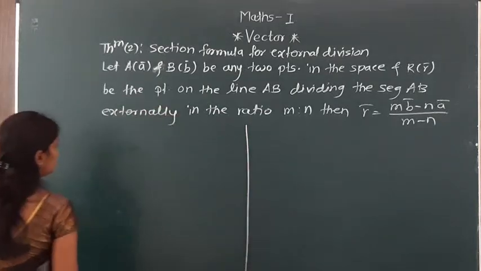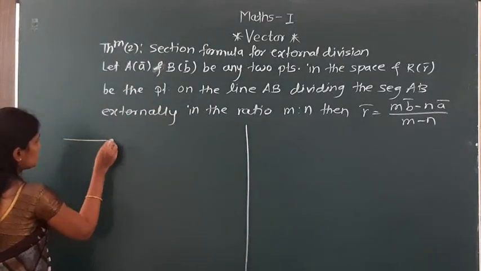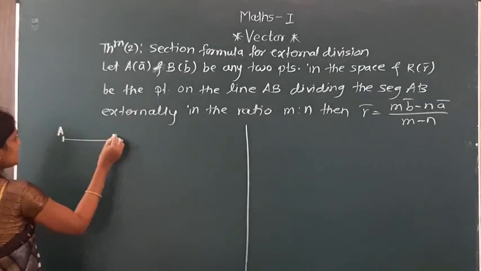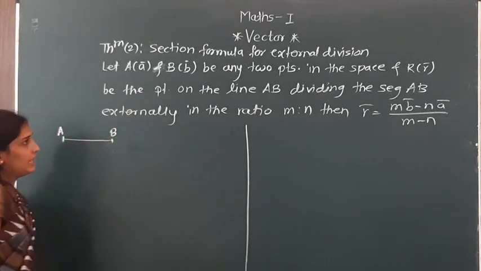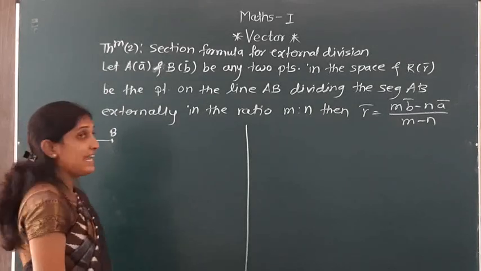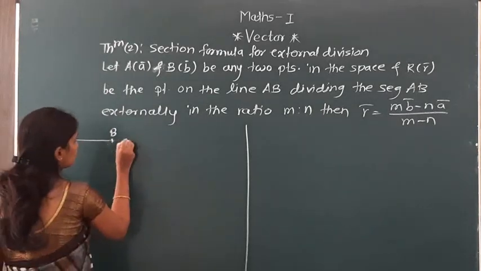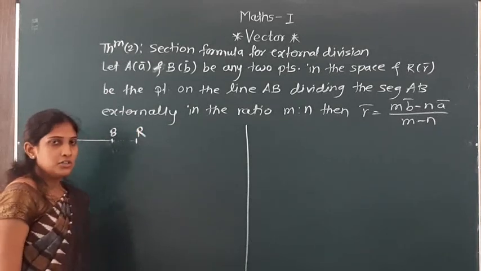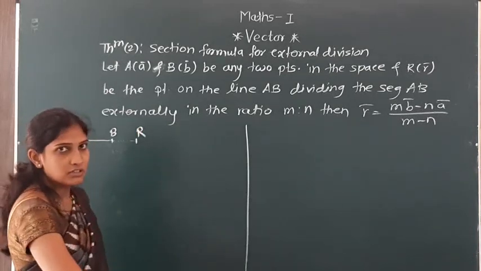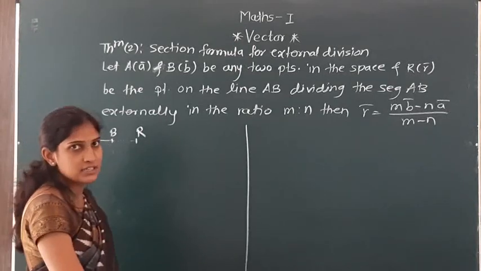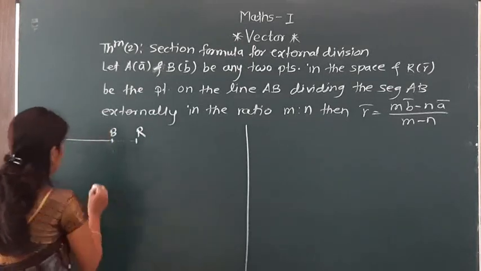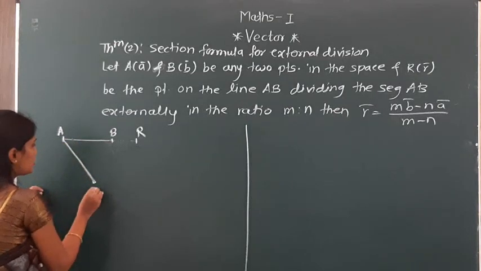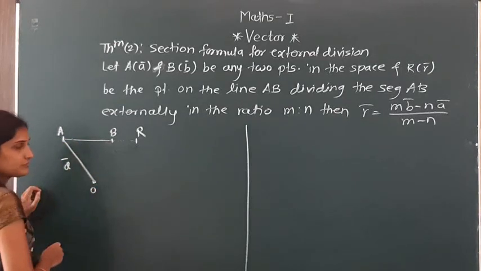So its proof. Suppose there is a line segment AB, and point R divides AB externally. So here is point R which divides AB externally. The position vector of point A with respect to the origin is A bar.